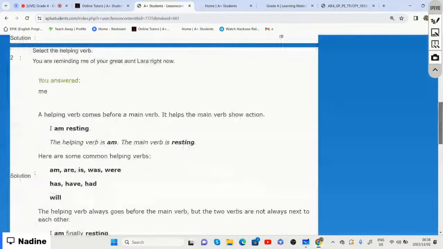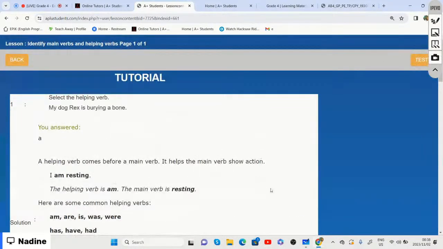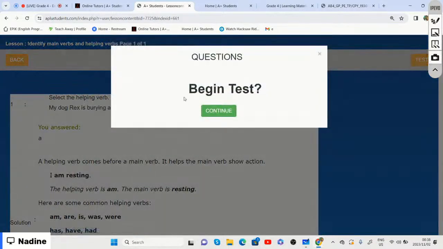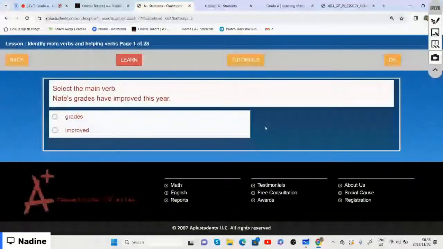So let us continue. All right, so now we're going on to our test, where we will identify main verbs as well as the helping verbs. Let's focus on the test. We need to select the main verb in the sentence. "Nate's grades have improved this year."